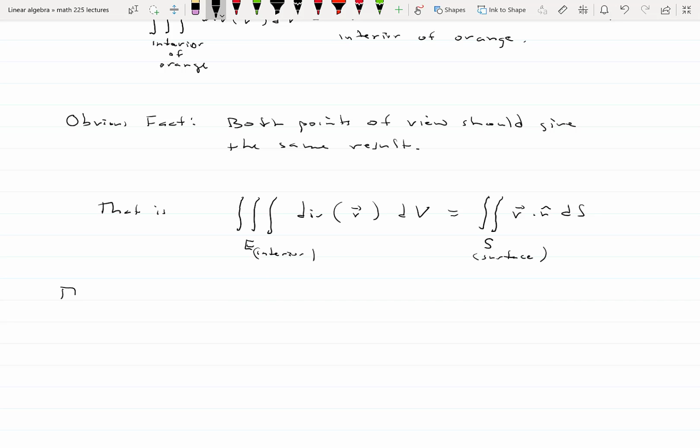Okay, this is called the divergence theorem.